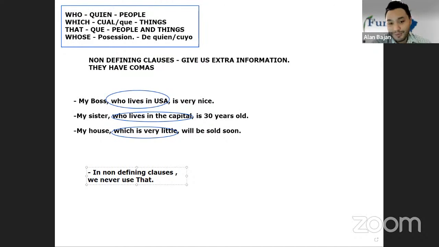But we don't know who is the teacher you are talking about, right? There are a lot of teachers in the world. Great example. Who else? Let's see your examples. You can use who, which, or whose. We can't use that.